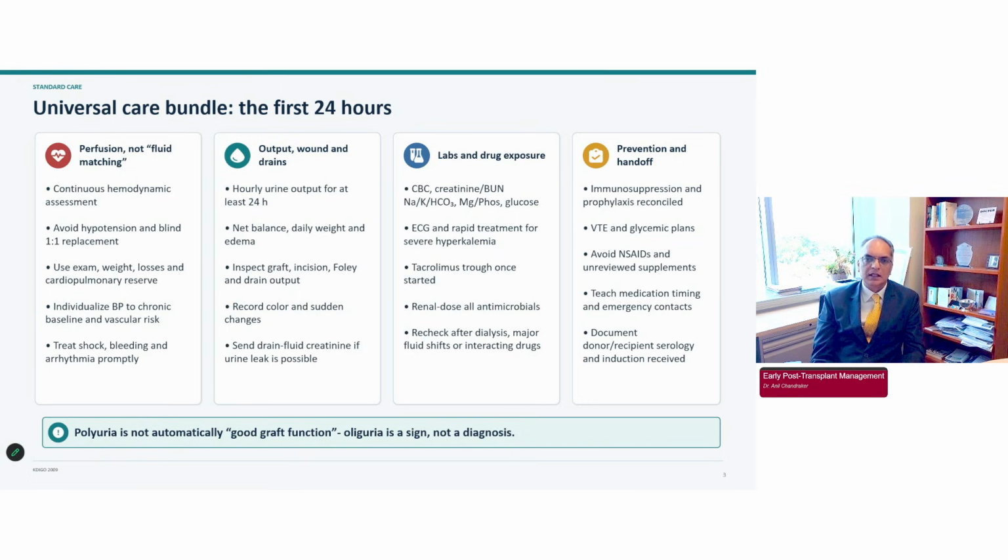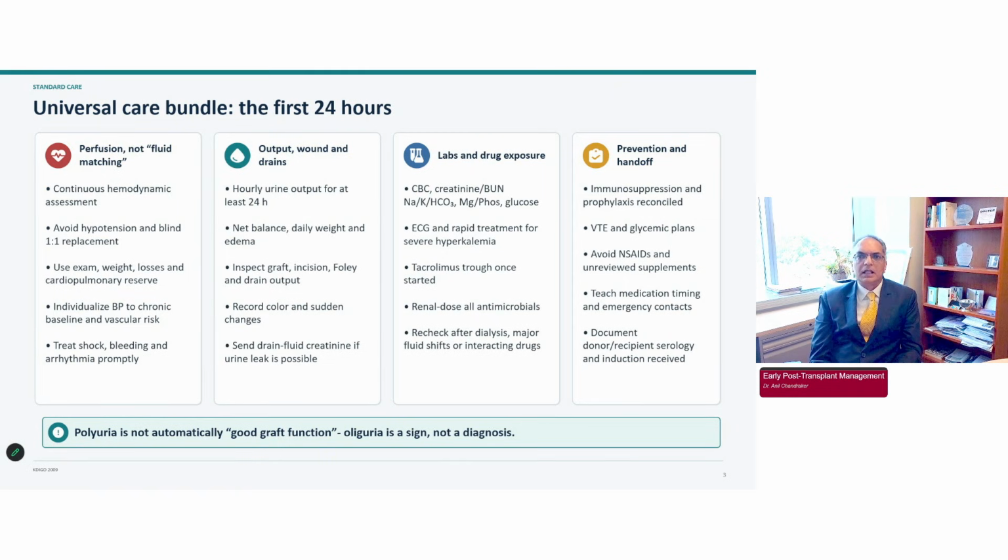Any changes in any of those may lead you to suspect that there is an issue either with a leak or an obstruction in the case of decreased urine output.